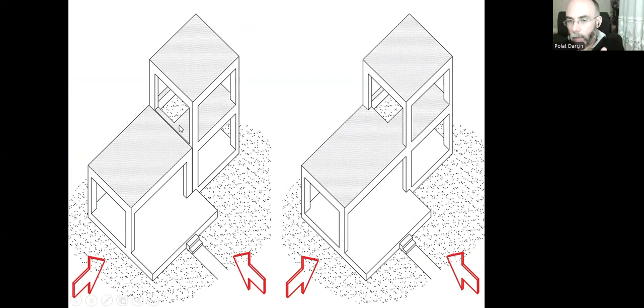We can have a seismic gap and separate the heavier part from the lighter part. That means constructing two buildings side by side, neighbors but not connected. There is a thorough gap that starts from the basement and goes up to the roof, and there is no connection at all. A total gap without any connection between two buildings.